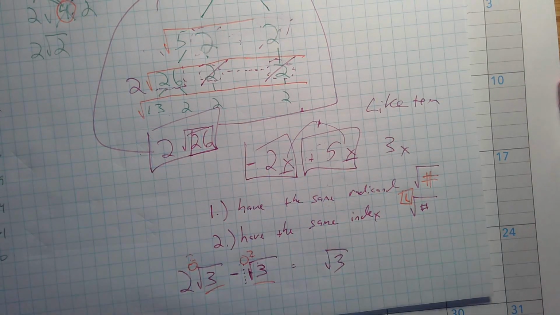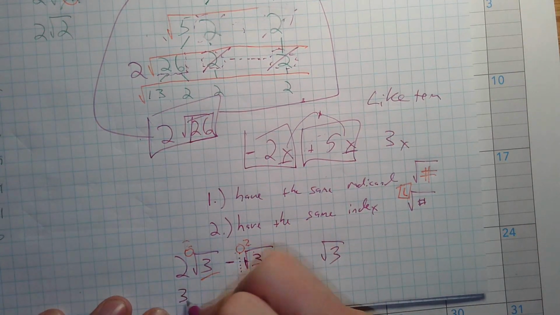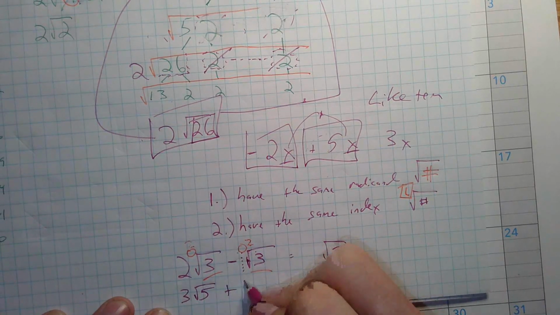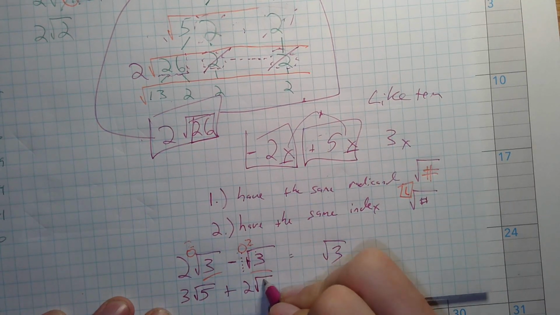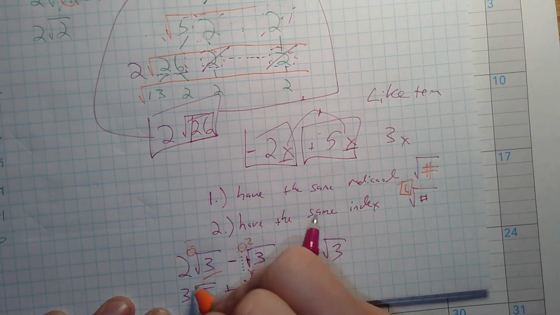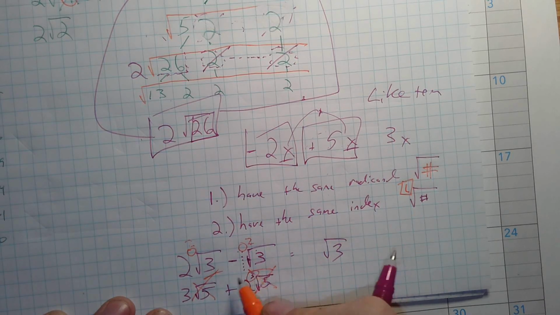However, if I had 3 square root of 5 plus 2 cubed root of 5, I cannot combine those because they have different indexes.